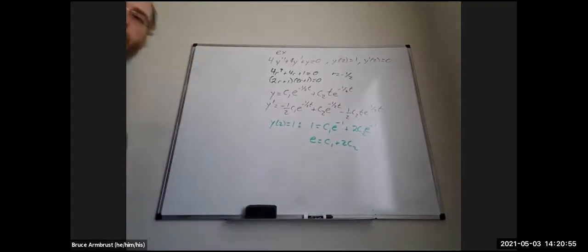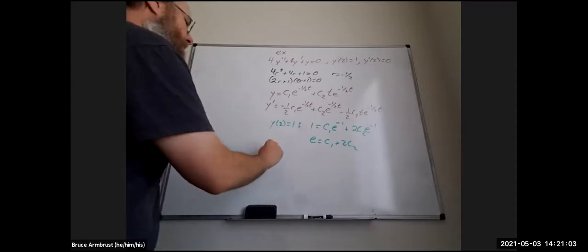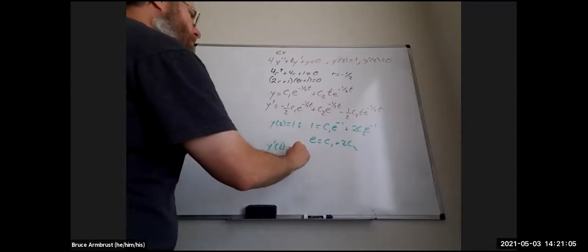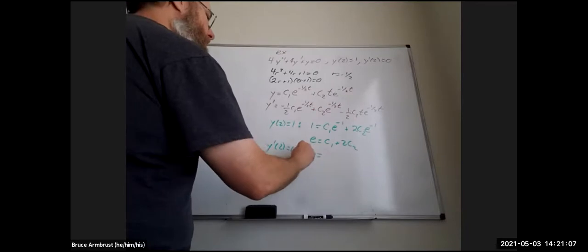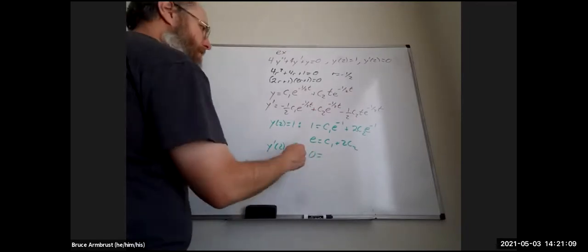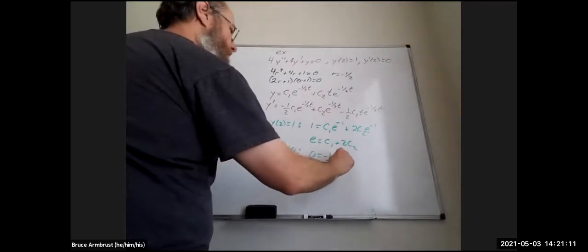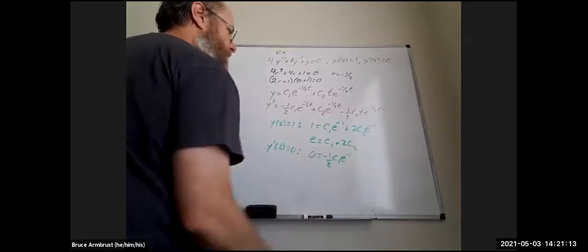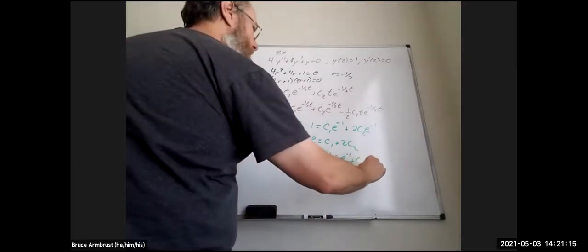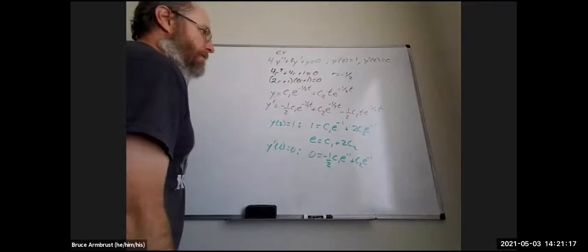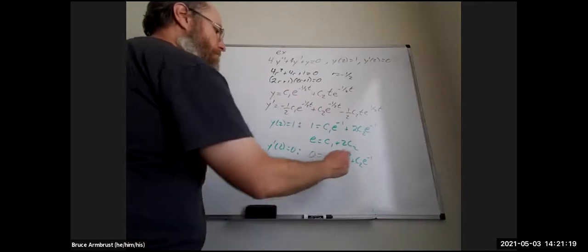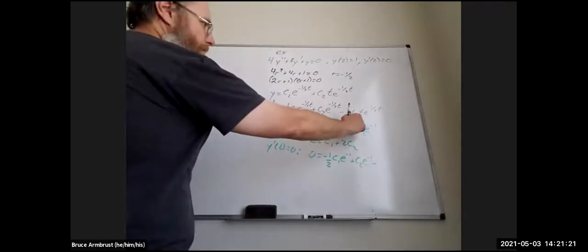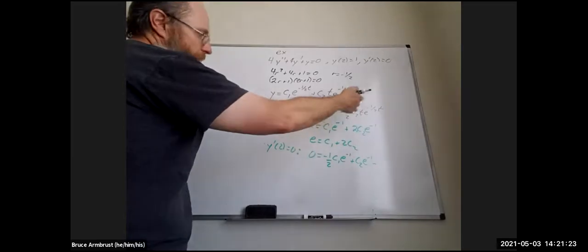So c1 plus 2c2 has to equal e. And then from the derivative, you get 0 equals minus 1/2 c1 e to the minus 1 plus c2 e to the minus 1 minus, well, I plug in a 2 times 1/2, of course, is 1.